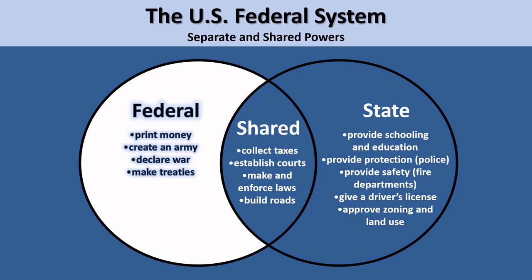Only the federal legislative branch has the power to maintain a national military and to declare war. State governments also do not make treaties with the governments of other countries. Connecticut cannot make a treaty with the government of Brazil, for instance. Instead, it's the President of the United States, with the approval of the Senate, who makes treaties with other countries.